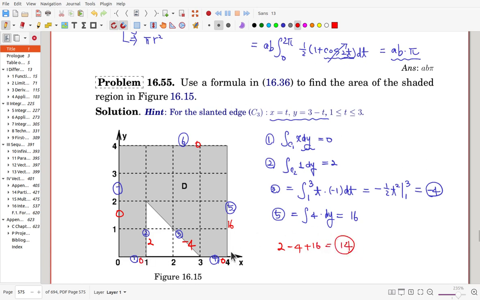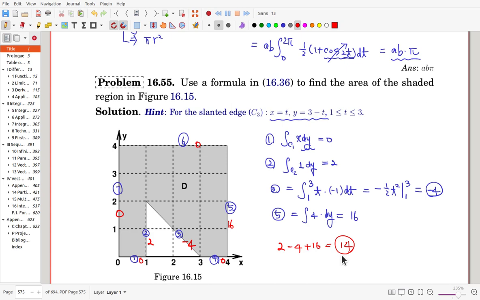Okay, the whole area is 16, 4 times 4, and this area is 2, so exactly the area of this shaded region is 14. And along the theory, we found the same answer.